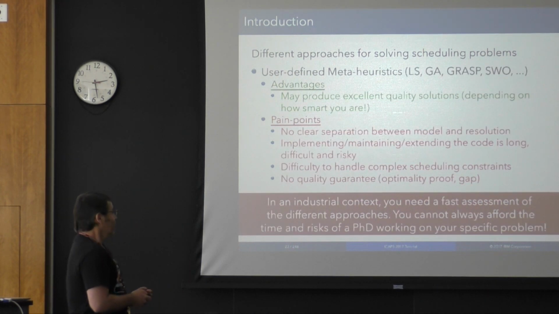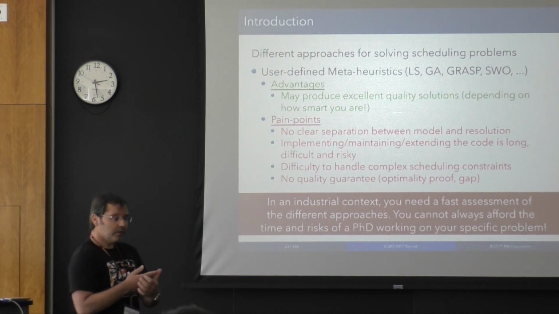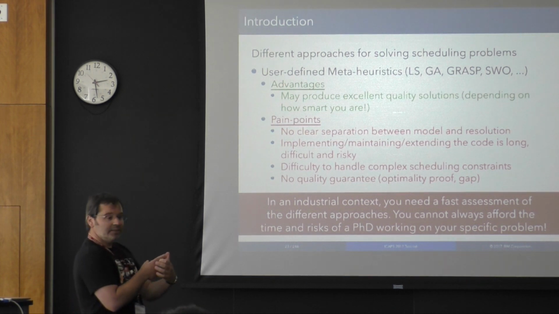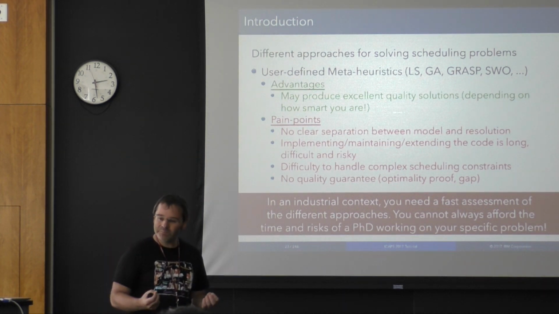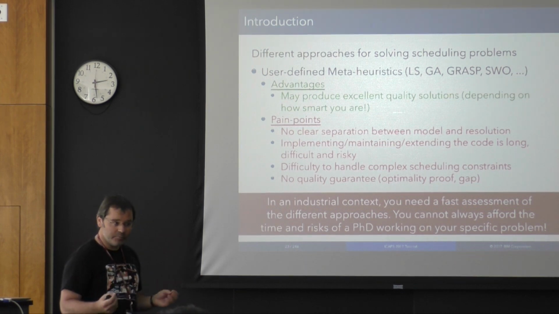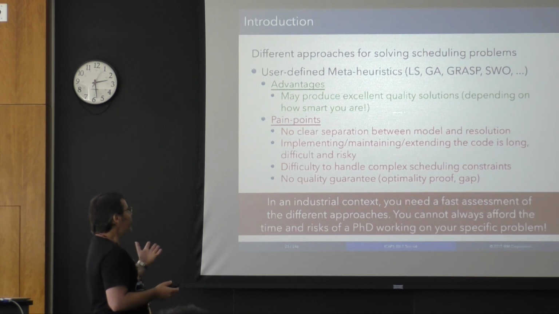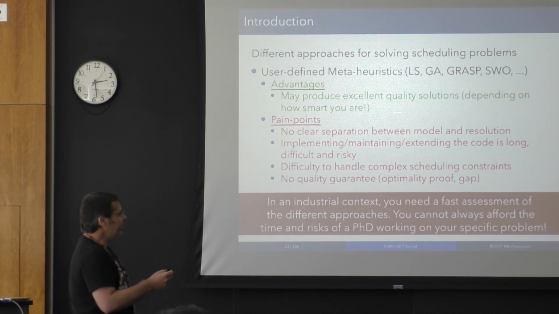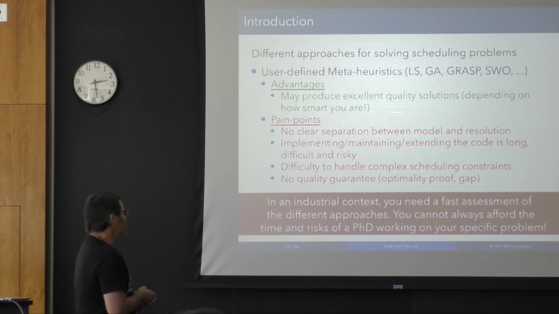The second type of technique that is used is meta-heuristics. Meta-heuristics are very good. If you have some very smart people implementing a smart meta-heuristic on a particular problem or a particular type of problem, you can get excellent results, of course. But there are some pain points too, because there is not always a clear separation between the model and the resolution, I would say.